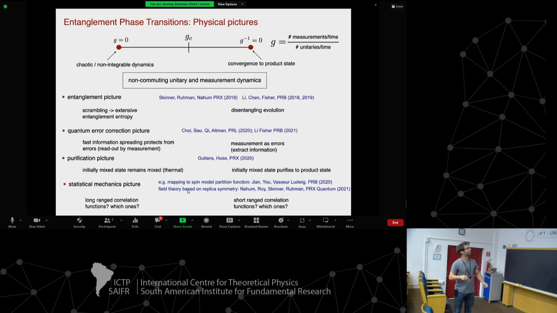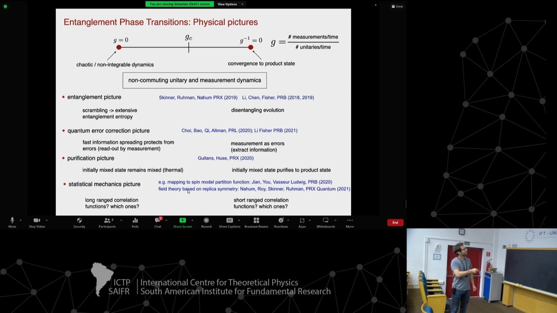And then I wanted to very briefly discuss what the pictures for this transition are. There is, of course, this entanglement picture, where very roughly we get a scrambling of information and thereby an extensive entanglement entropy, while the evolution from local measurements is disentangling.